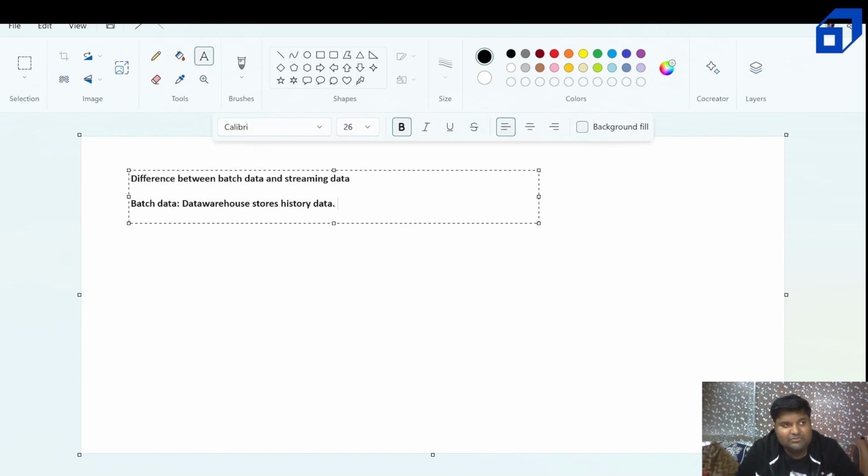So batch data is used to pull or fetch data which is mostly history data, right? Because the volume of data is so high, you cannot bring all the data at once. You need to bring them in batches. That's where batch data processing is used in big data.